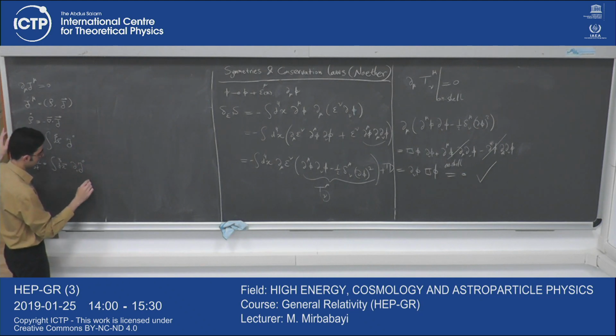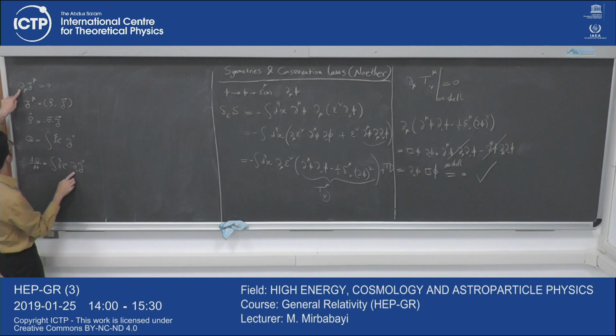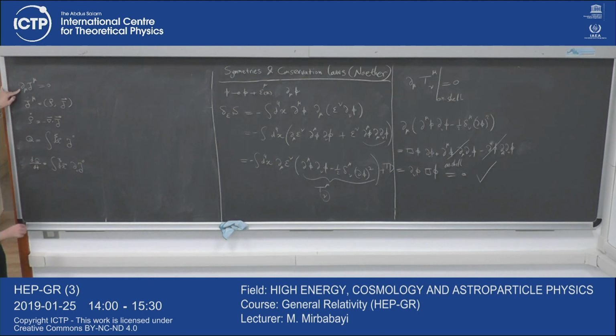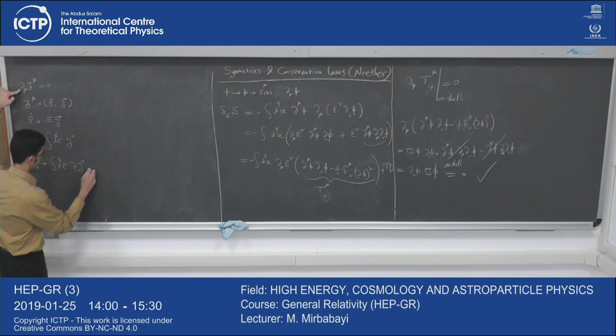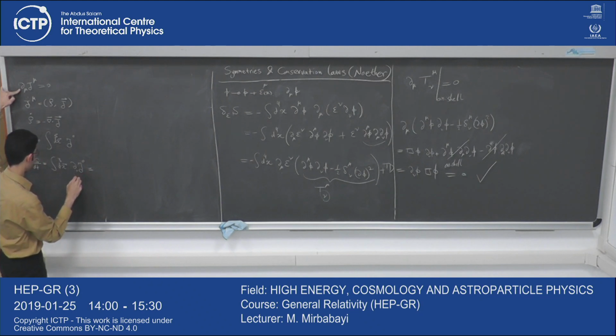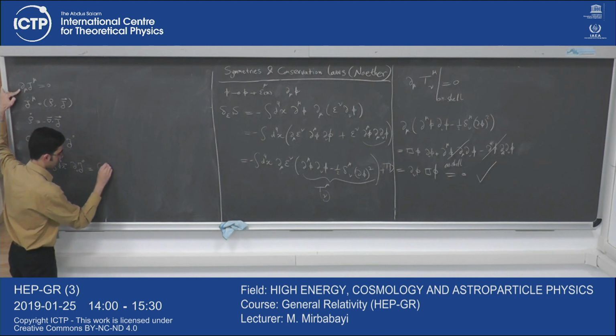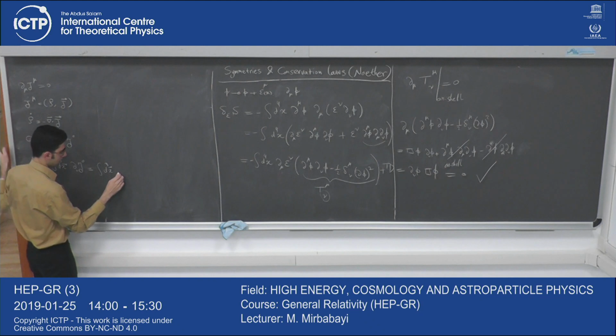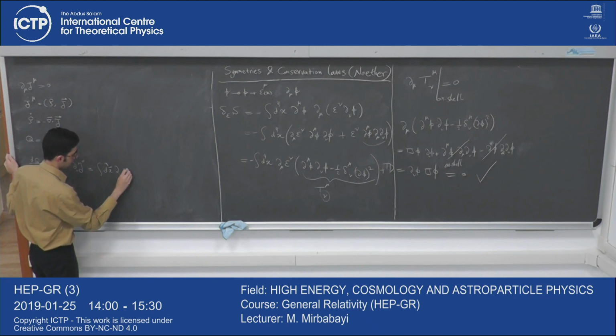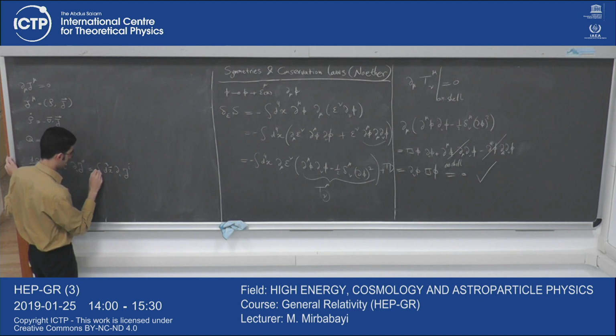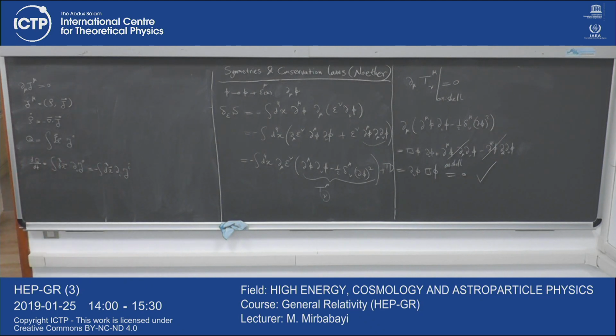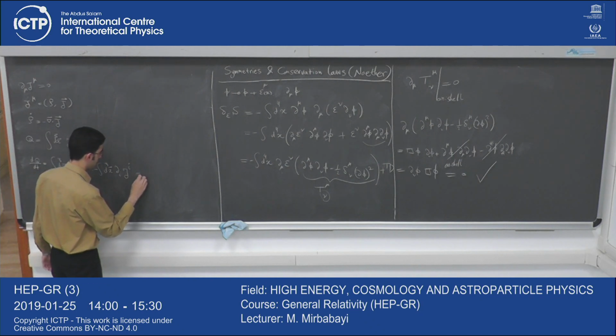And then using that equation, this is equal to the integral d3x of d i j i with a negative sign, which reduces to a boundary term.